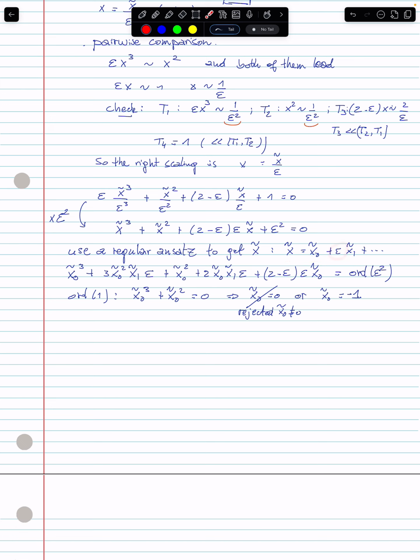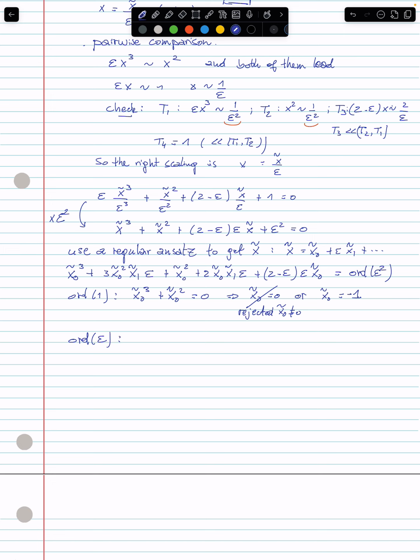And if the first term is of order epsilon in x tilde, you see that we are seeking solutions for x that are of order 1. So they are not large roots, and it does not correspond to what we want to do. So typically if you use a rescaling, the first term in the regular ansatz should not be equal to 0, otherwise you completely spoil the rescaling that you did.